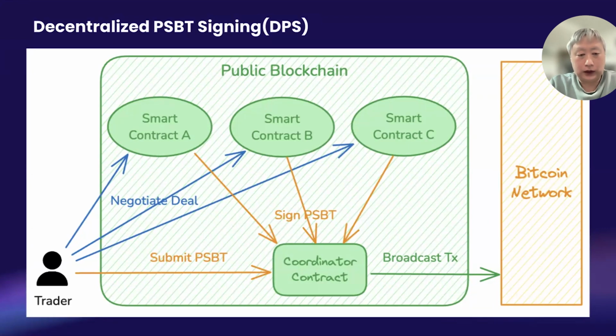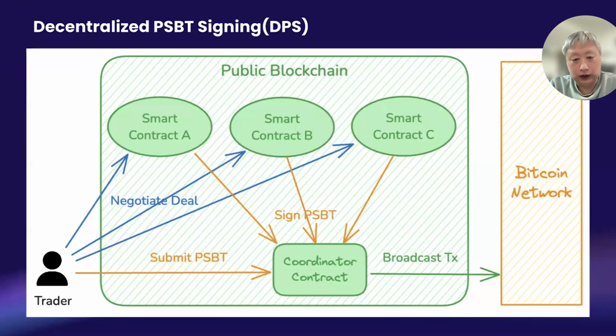And after the deal has been agreed, the trader will form a PSBT to reflect all the terms of this deal, and they sign the input from themselves, and then submit the PSBT to the coordinator smart contract. And the coordinator contract will call the involved smart contracts one by one, ask them to sign, and if any of them refuse to sign, this transaction will fail.